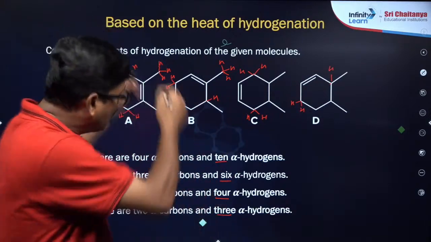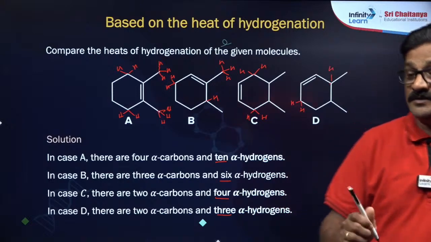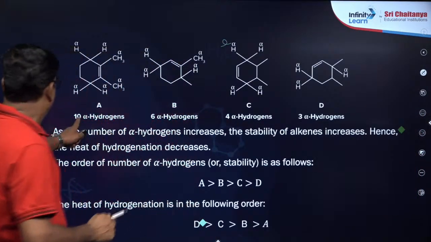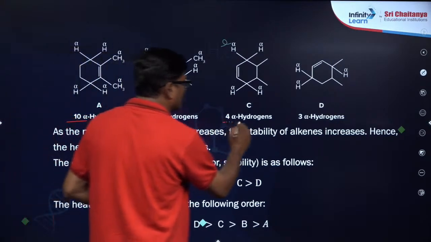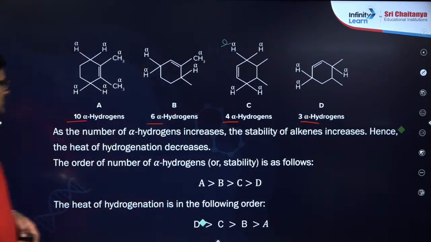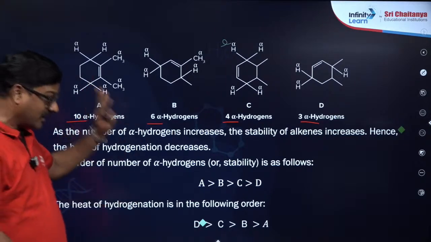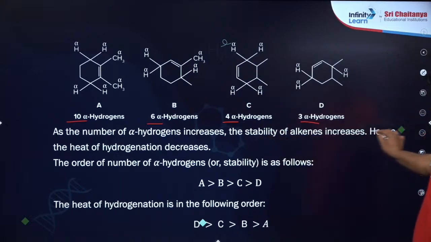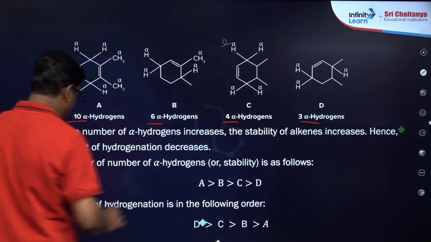Sometimes we solve the entire question सही करते हैं लेकिन गलत आंसर पकड़ लेंगे. That is a wrong thing. So you can see 10 alpha hydrogens are there in the compound A, 6 alpha hydrogens, 4 alpha hydrogens, 3 alpha hydrogens, that is given here. As the number of alpha hydrogens increases, clearly you can see the slide, the stability of alkene increases, therefore the heat of hydrogenation decreases.